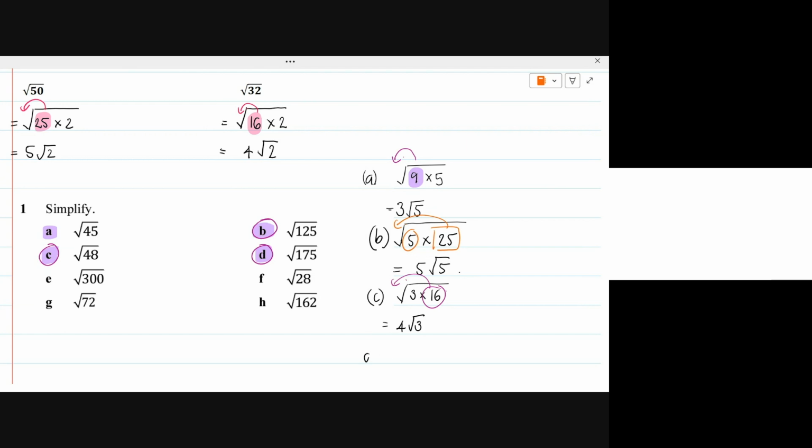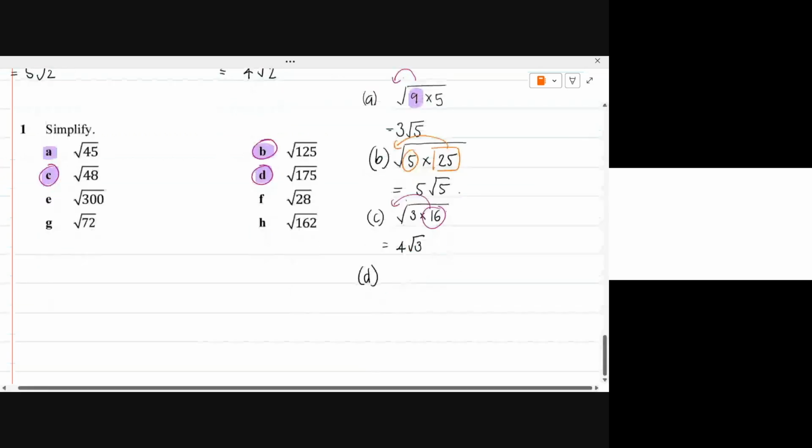And let's look at D really quickly. I'm just going to scroll up a little bit. D. Okay, I've got 175. 2 times, I know that 2 is not going to work. 3 times, so something, I don't know. Does anybody have an idea? 3 times what equals 175? No, it doesn't work, right?